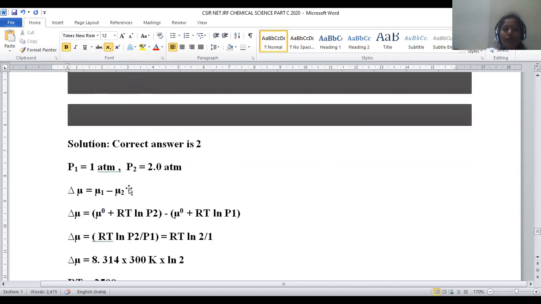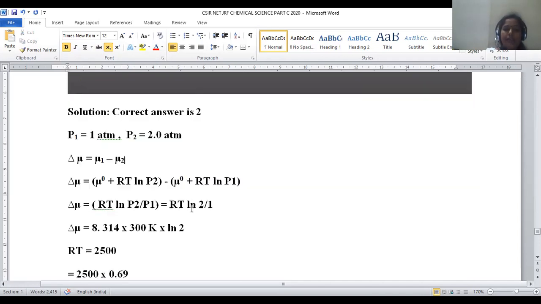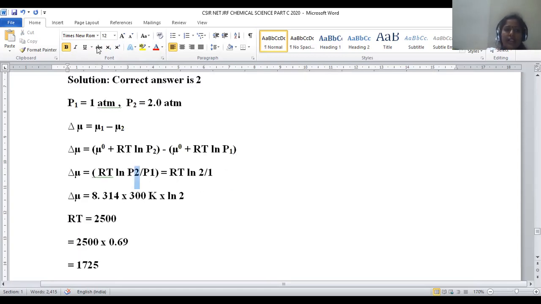So delta mu is equal to mu naught plus RT ln P2, minus mu naught plus RT ln P1, because two different pressure conditions are provided to us. When we take the difference of these two, the compressed form of the equation will be represented like this.